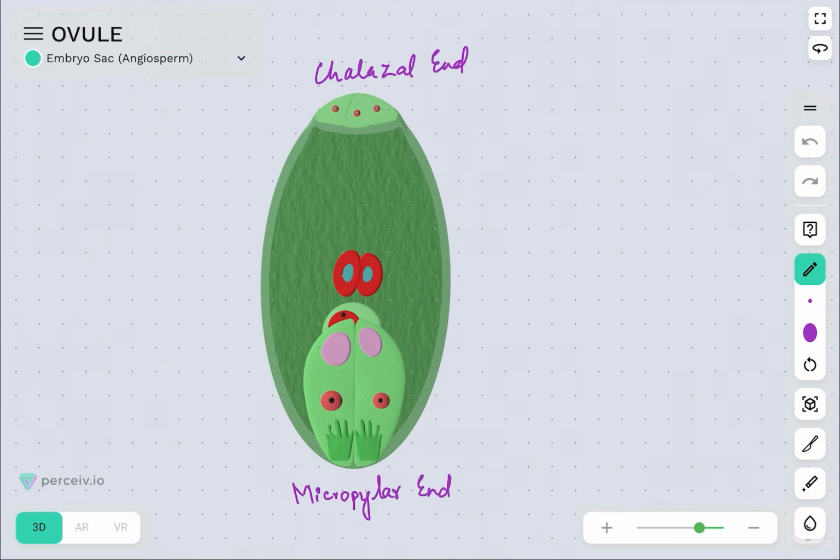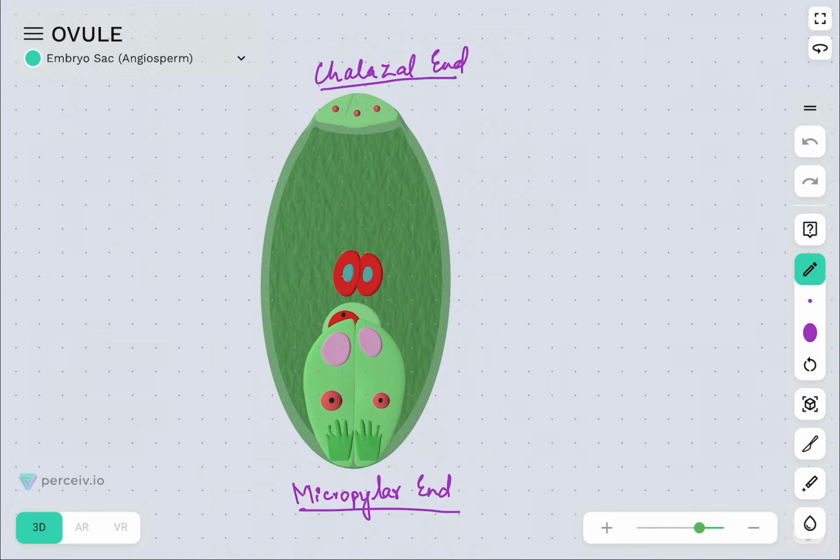Since the embryo sac is found inside the ovule, and the ovule also has chalazal and micropylar ends, the embryo sac has been given the chalazal pole and the micropylar pole according to the position of the ovule's ends. So this is the chalazal end and this is the micropylar end.